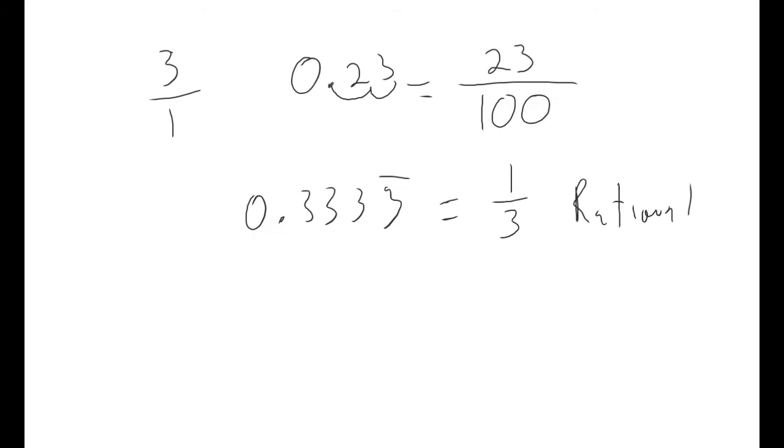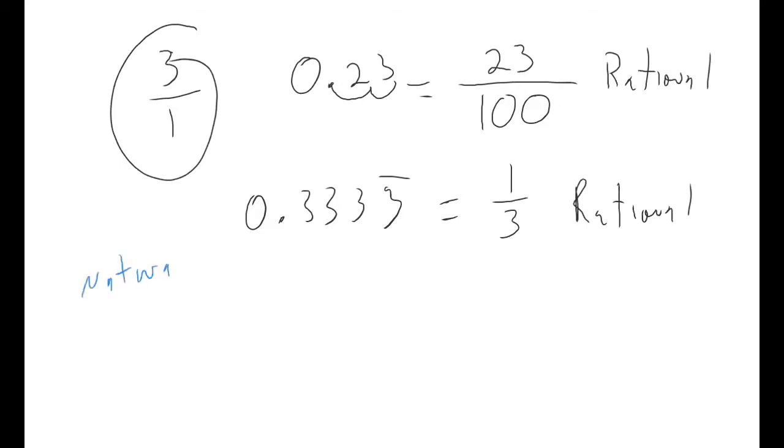This guy is only rational because it is also a decimal. My 3 over 1, well, he is a natural number. He's also a whole number. He's also an integer. And he is also rational.